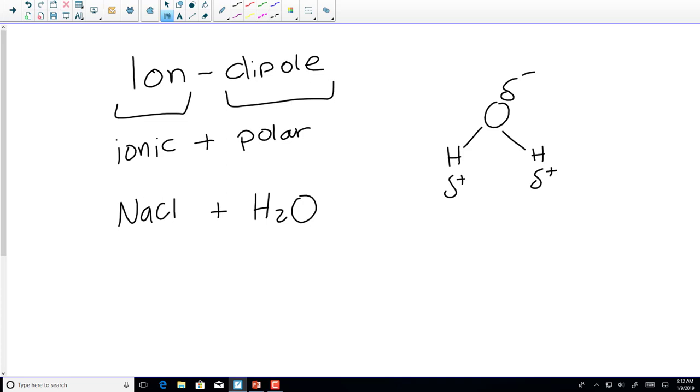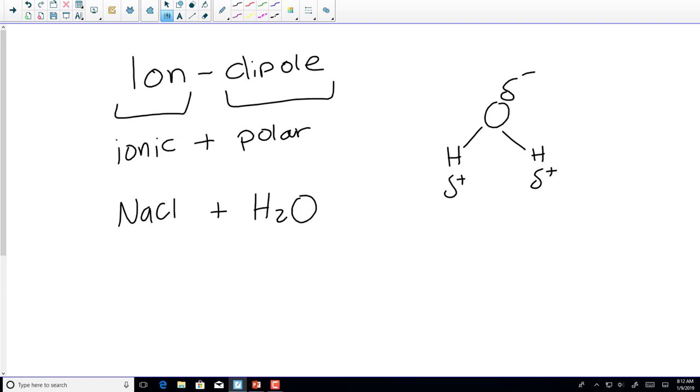Now that sodium chloride comes along. When you put it in water, what do ionic compounds do when they dissolve in water? Chapter 4. When I put an ionic compound in water and it dissolves, does it stay a compound? No, it does what? If I put sodium chloride in water, would it stay a sodium chloride block? No, it does what?